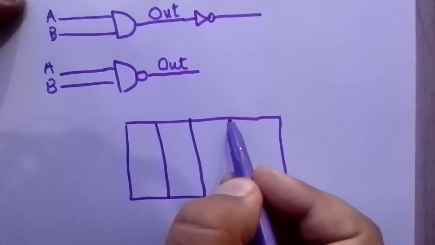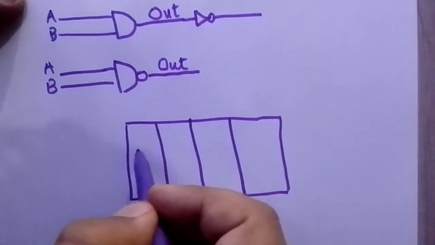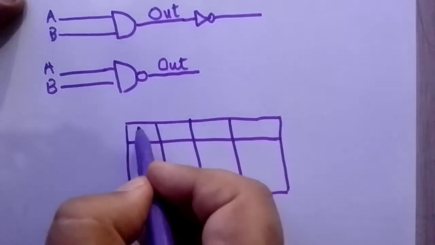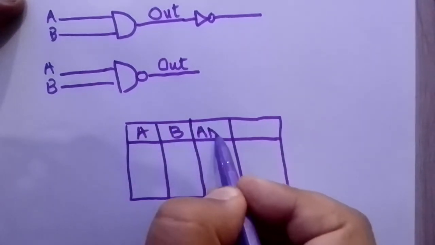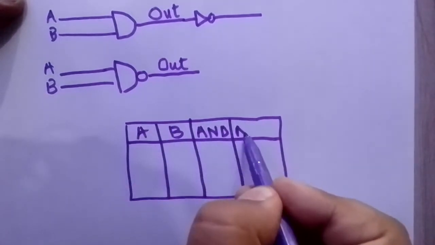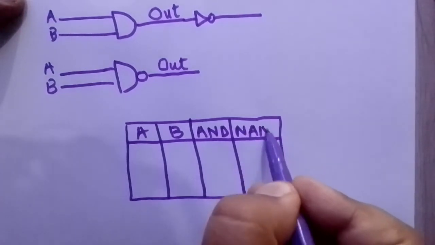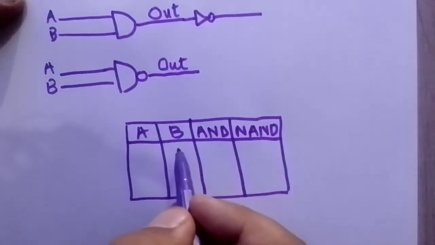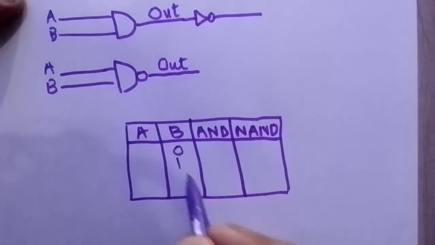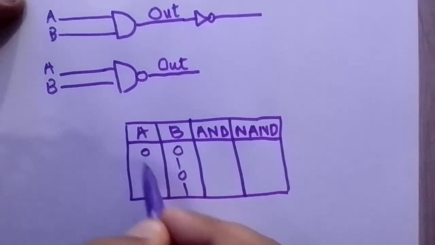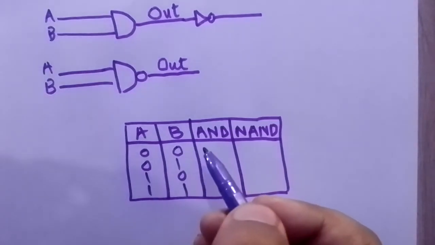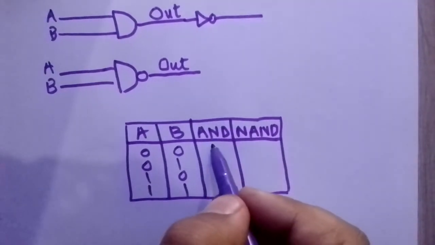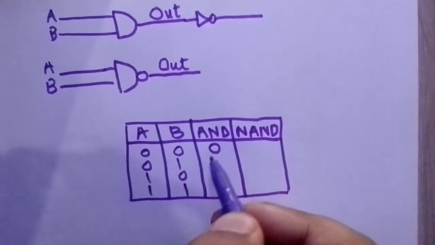It has two inputs and one output. So this is input A, this is input B. So this is the output of digital AND gate and this is the output of digital NAND gate. Okay, so when both the inputs are 0, the output of AND gate will be 0.